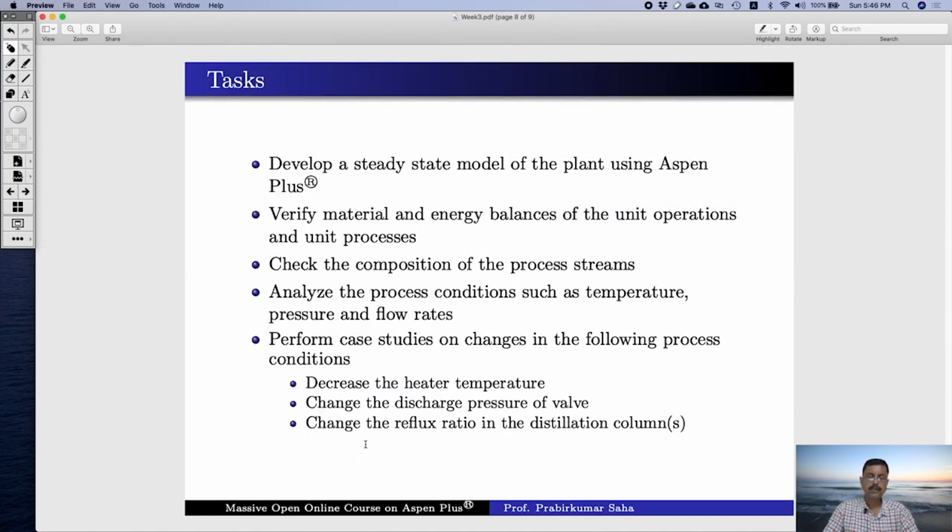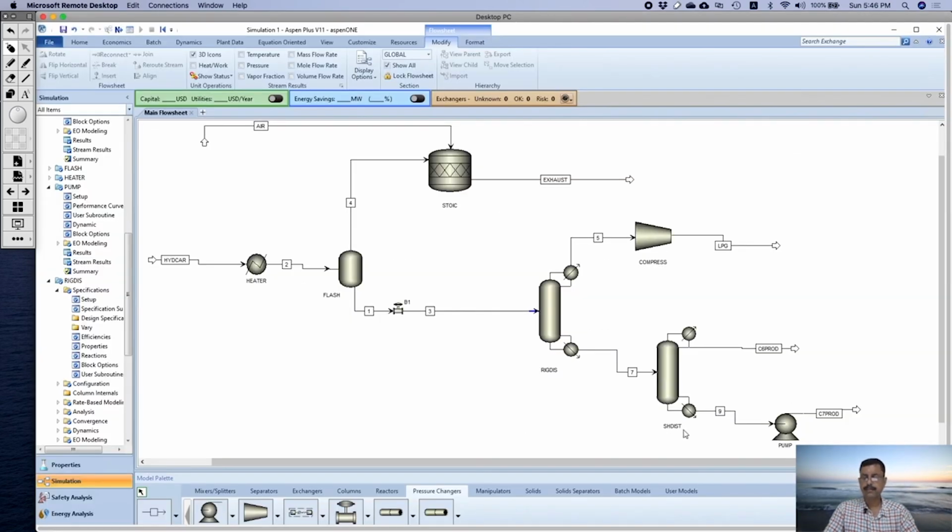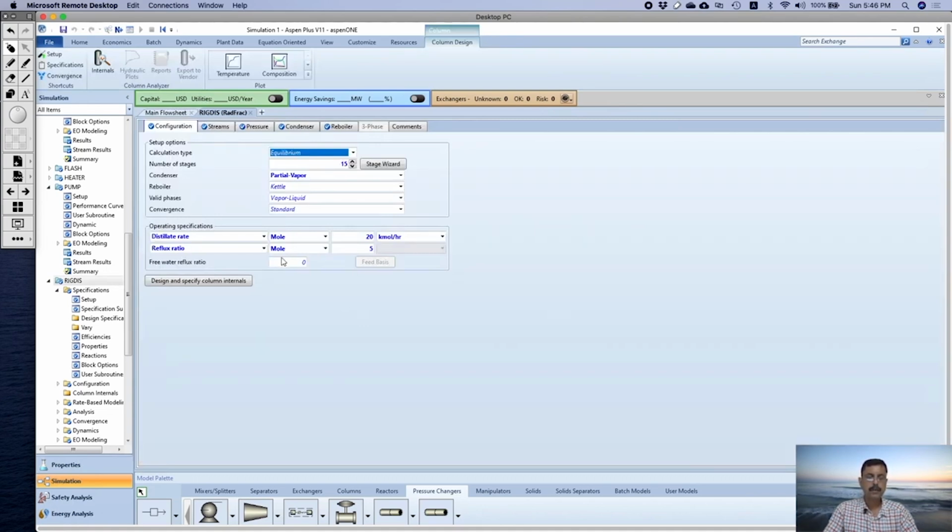Okay, so let us check the distillation column. Say take this distillation column. Here our reflux ratio is 5. Okay, and suppose we reduce the reflux ratio to 3. So if your reflux ratio is decreased, distillate quality composition should be decreased, right?